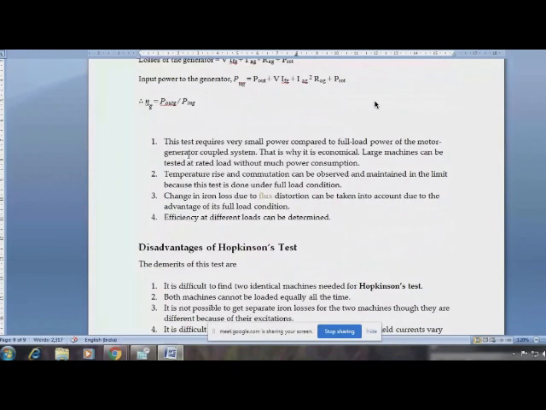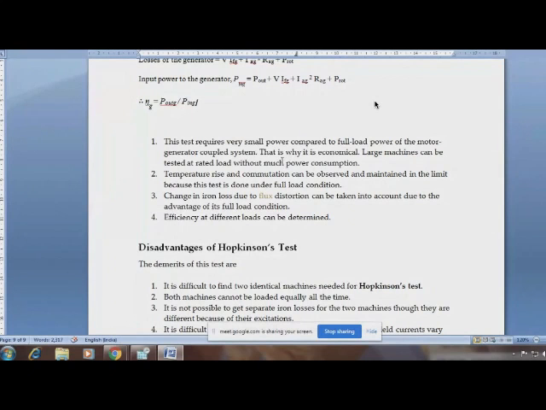Now, some of the important points of the Hopkinson test. The test requires small power compared to the full load power of the motor generator coupled system. That is why it's economical. It requires small power because the generator delivers power to the motor and the motor delivers power to the generator, and therefore there is no power required from the mains to activate these machines.